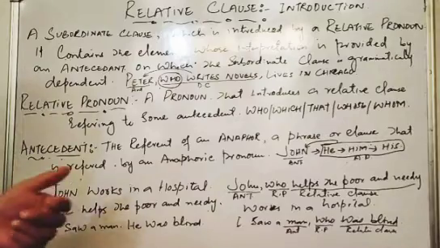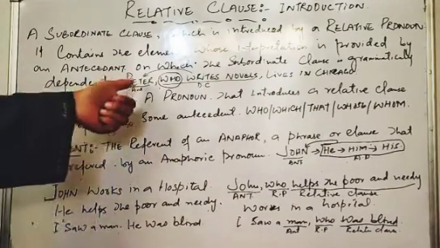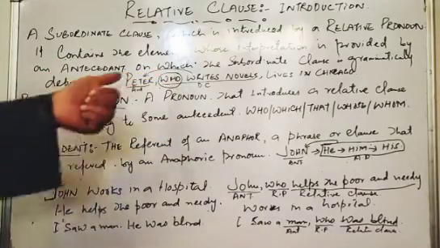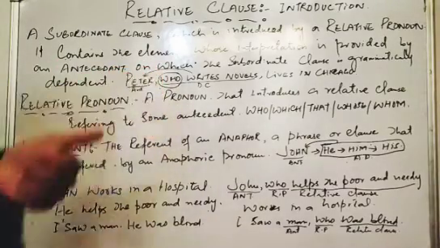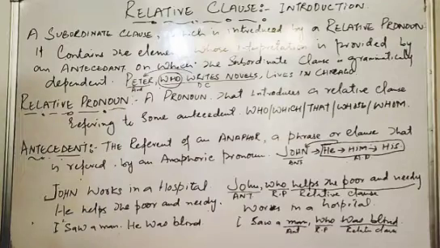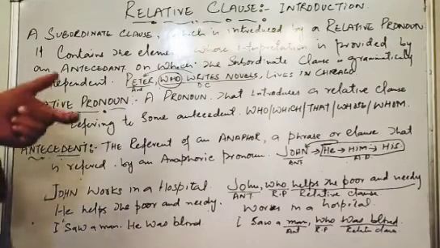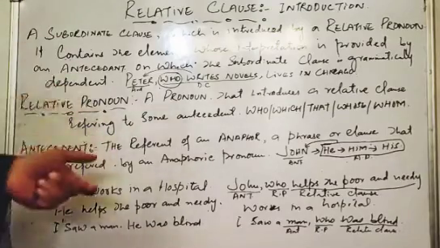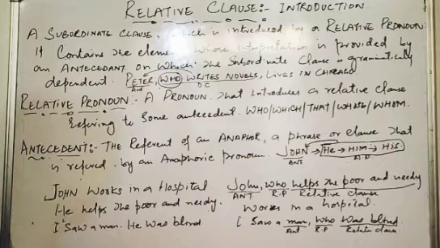It comes before a relative pronoun. Like we see here, Peter is an antecedent because right after it comes the relative pronoun. It is the referent of an anaphor. When we make two sentences into a relative clause, in the second sentence there is an anaphoric pronoun.